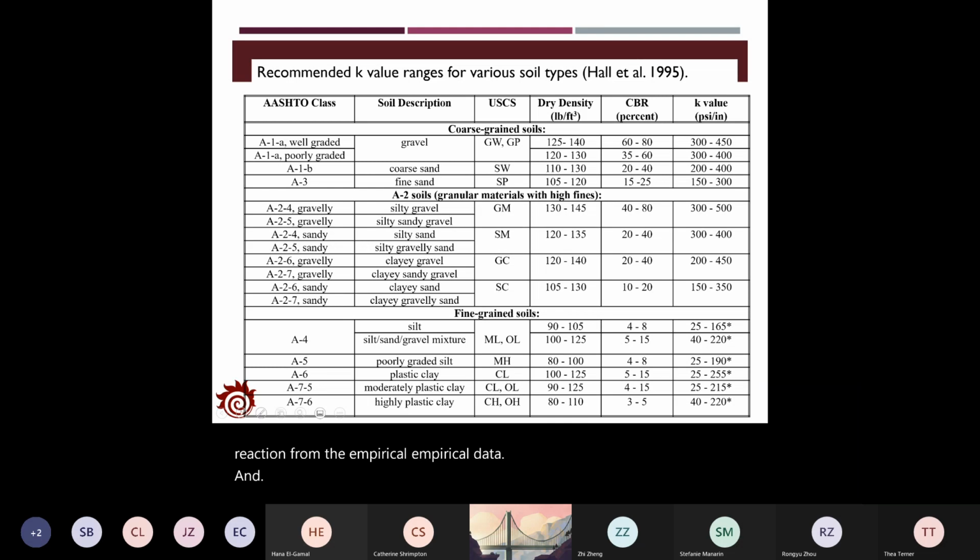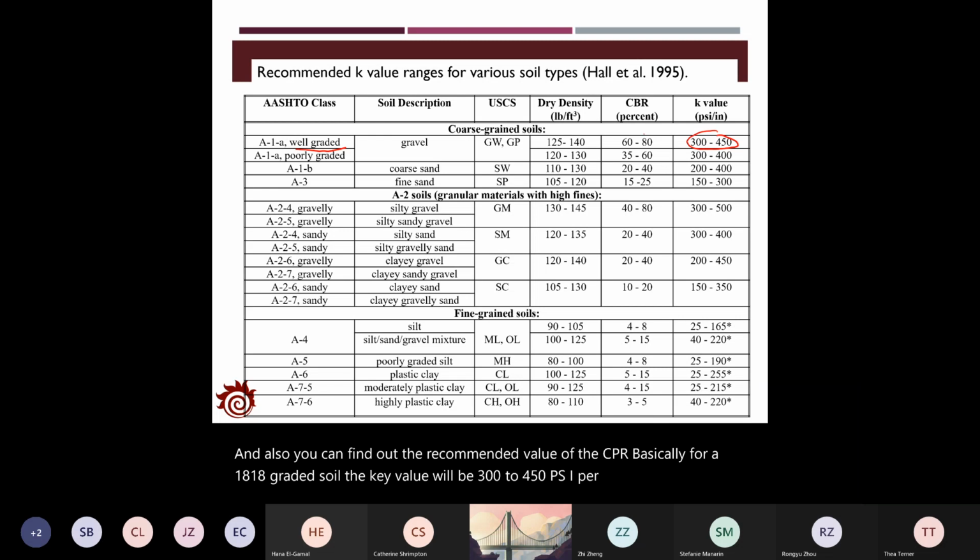And this table shows some recommended values for the modulus of subgrade reaction for different types of soils, and you can also find the recommended value of the CBR. Basically for A1, A1a well graded soil, the K value will be 300 to 450 psi per inch, and the CBR would be 60 to 80.